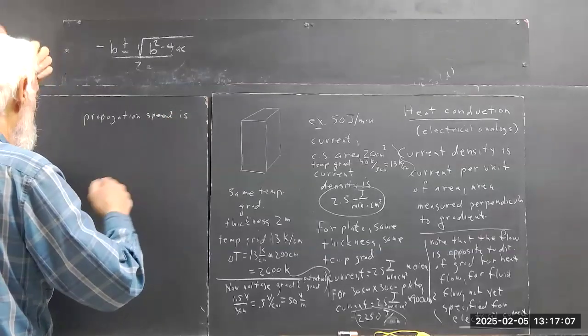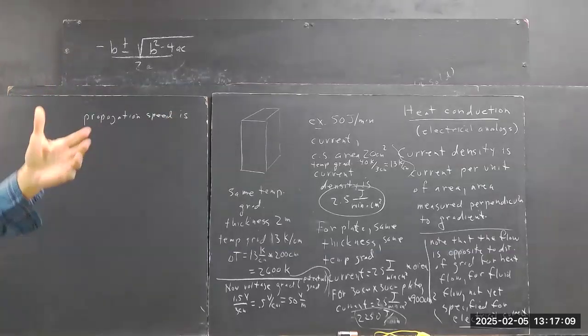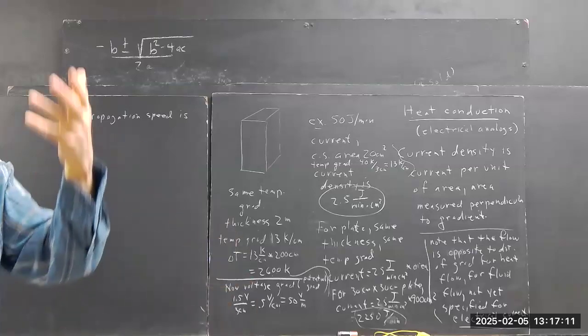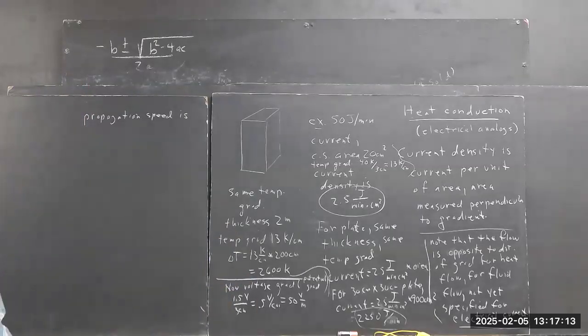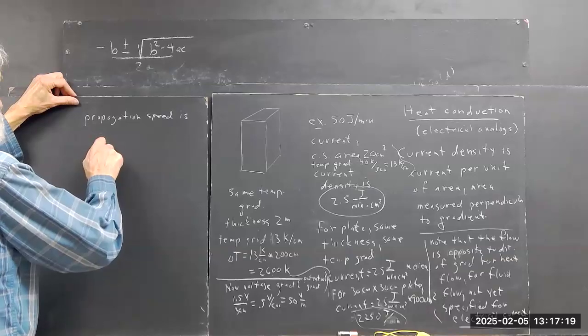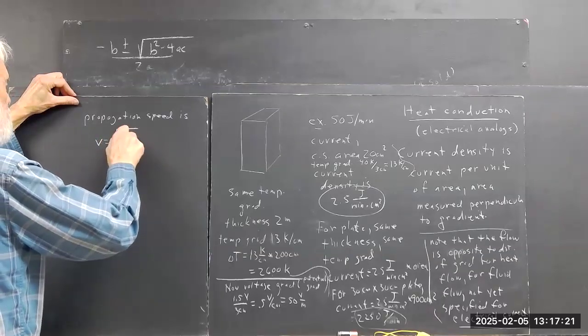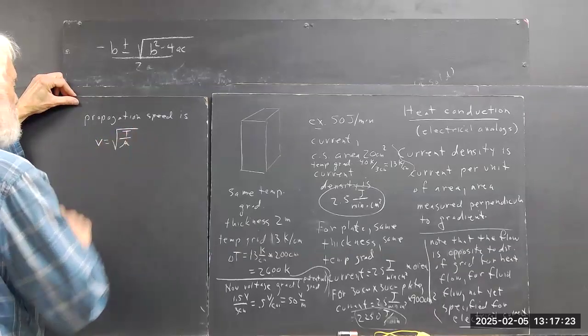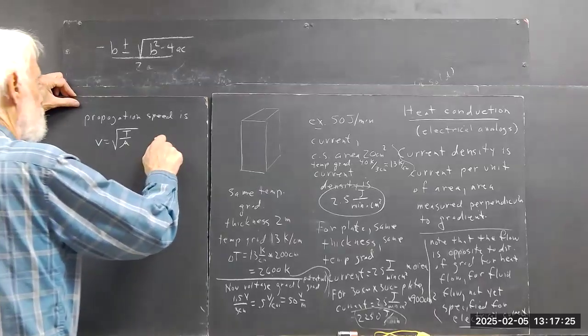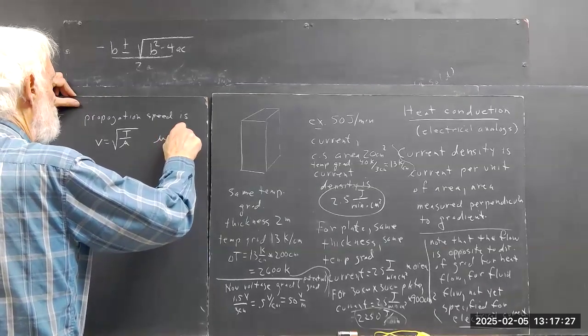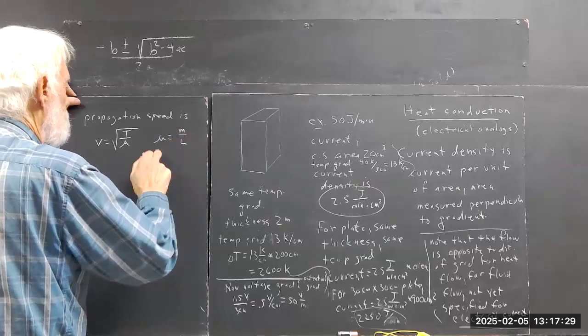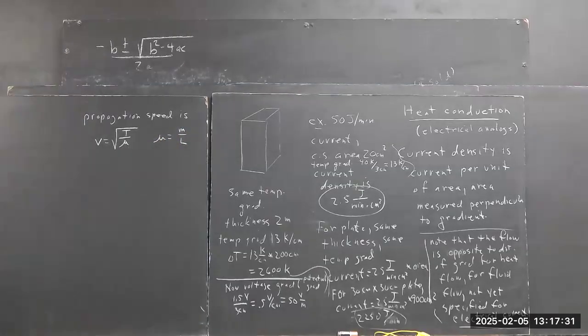Now, you know this, presumably, having been through the transition set on waves, so I'm going to assume a lot of stuff. The propagation speed, as you should know, is v equals square root of T over mu, mu being mass per unit length.